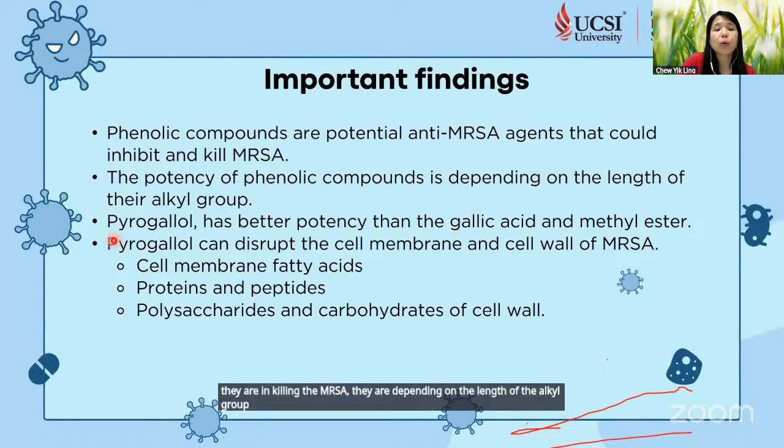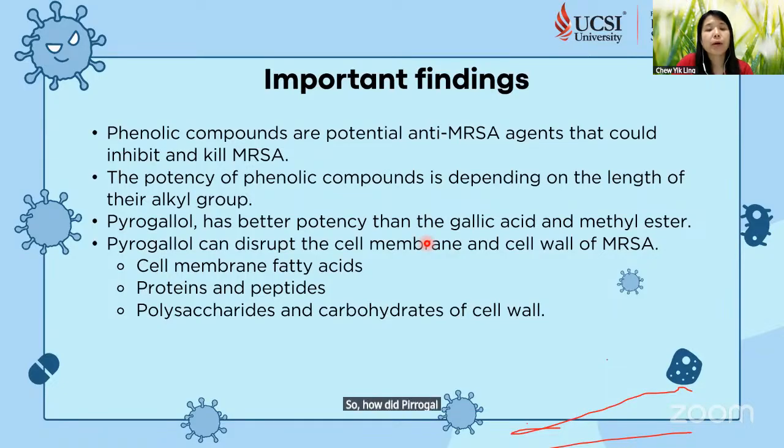Pyrogallol, the one without any alkyl group, even has better potency than gallic acid and methyl ester, despite not having the alkyl group. So how does pyrogallol kill MRSA? It disrupts the cell membrane and cell wall of MRSA by attacking the fatty acid, protein and peptides, polysaccharide and carbohydrate of the cell wall of MRSA.